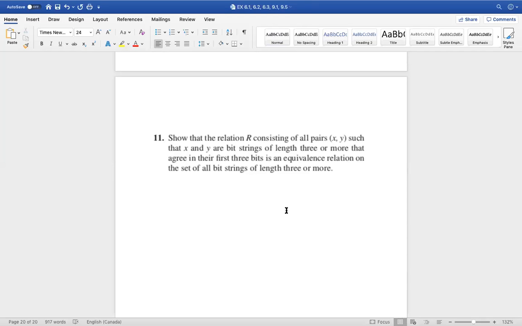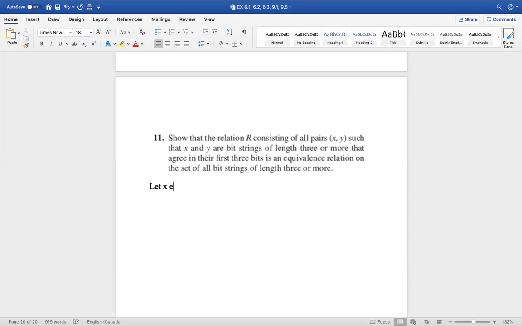It's basically a question on strings again, like we did before. So we will assume that there is a bit string of length 3 or more, and prove the question taking that assumption.